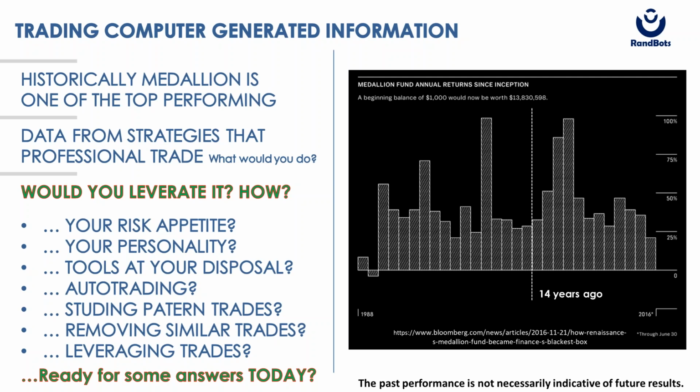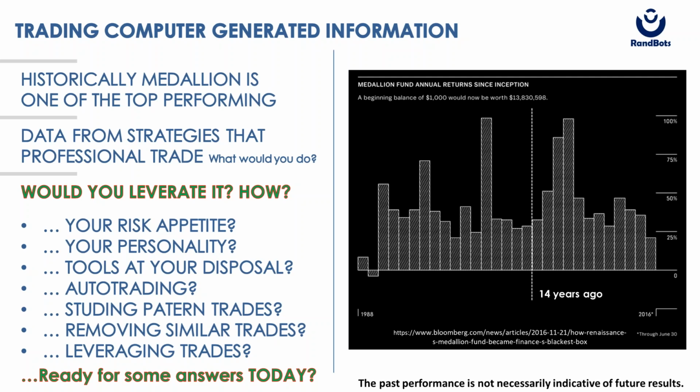But I want to show you this chart because most of the trades they do, or probably 100% of the trades they do, are with computer-generated information, right? They get the data, and then they do certain analysis with computers to get entries and exits.